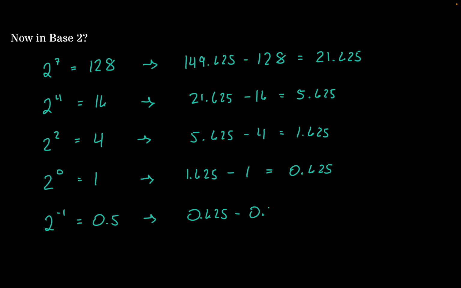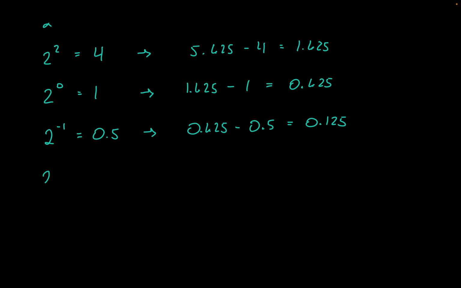We subtract 0.5, and we'll be left with 0.125. And now we can finish this out with 2 to the negative 3, which is equal to 0.125. So then we'll have 0.125 minus 0.125, and we did it. We got 0.